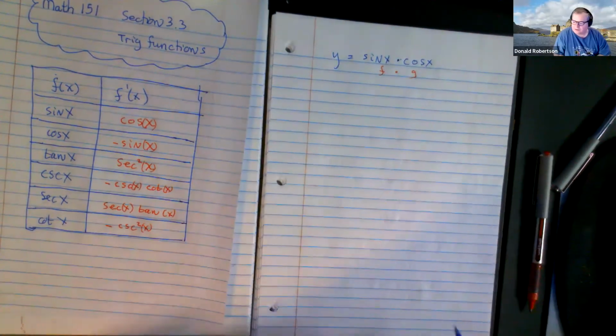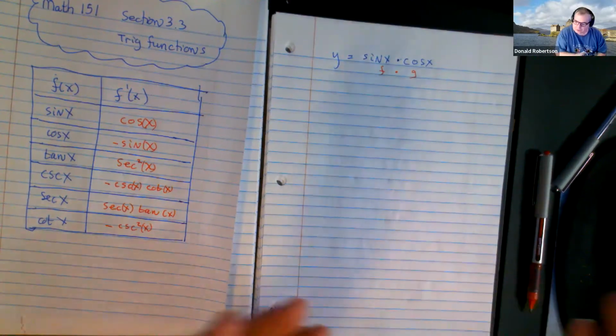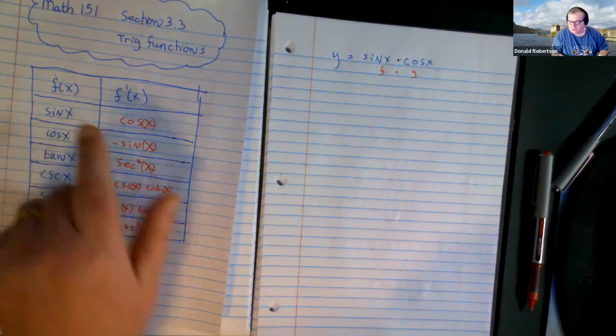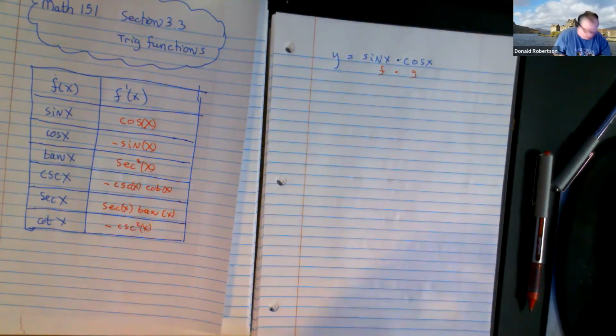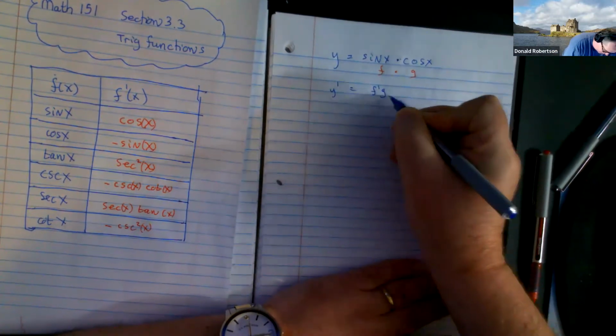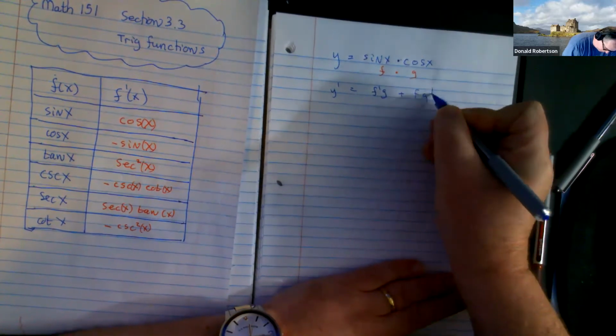Great. So you're going to do trig functions with product rules, trig functions with quotient rules, and if you're really lucky, things like 3 sin x, where you can basically just write the answer down. So the derivative is going to be f dash g plus f of g dashed.